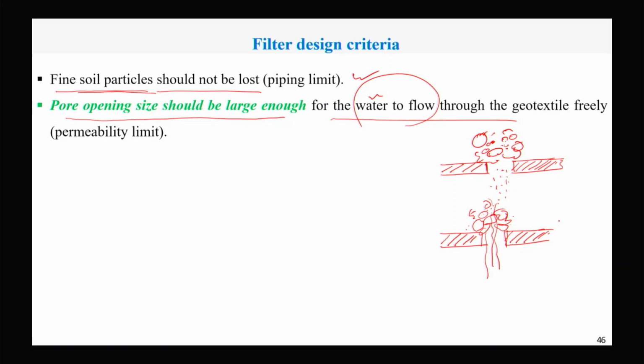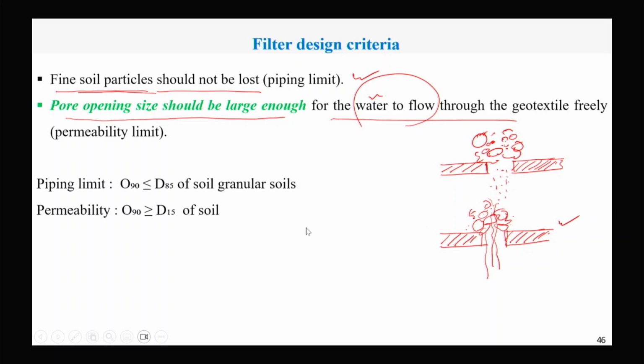This is the basic structure, and there are different limits available. So O90 less than or equal to D85 for granular soil is the piping limit, and for permeability, O90 is more than D15. So those are the limits.